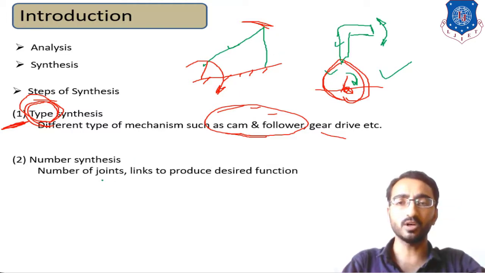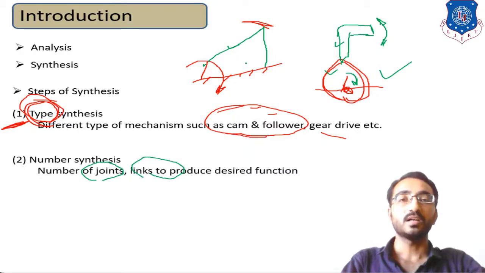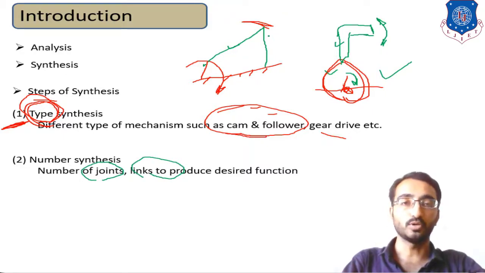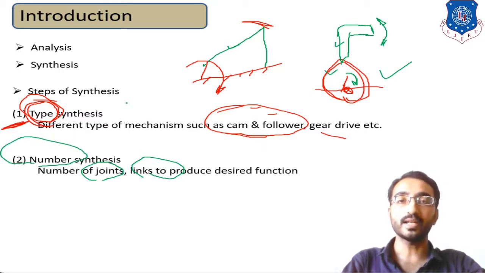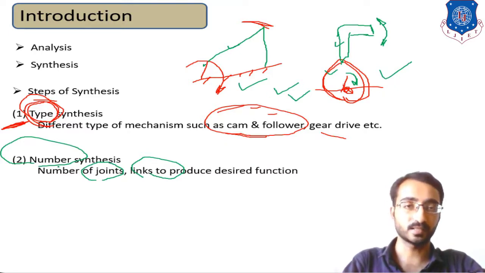That is the number of links and joints required to get the desired output. So this number synthesis is your second step. After identifying your mechanism, you will calculate how many links, joints and all mathematical terms are needed, and that is known as number synthesis.